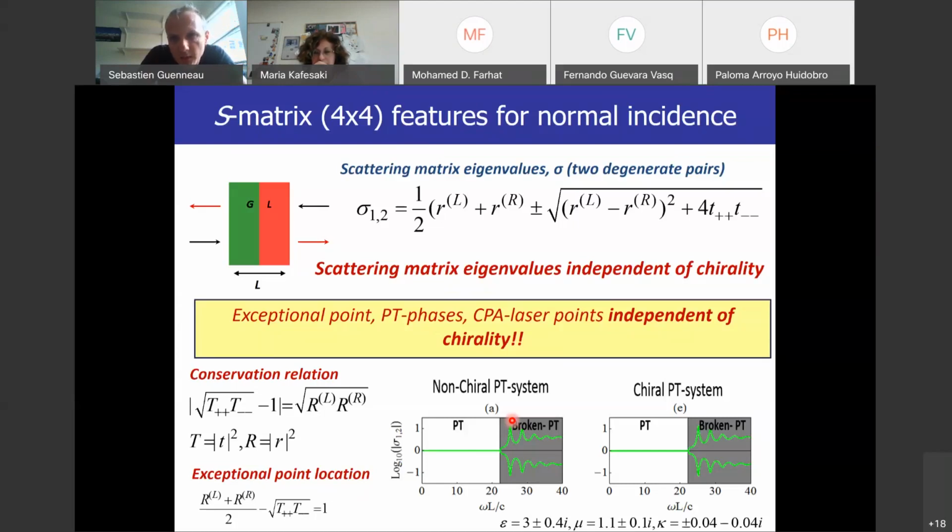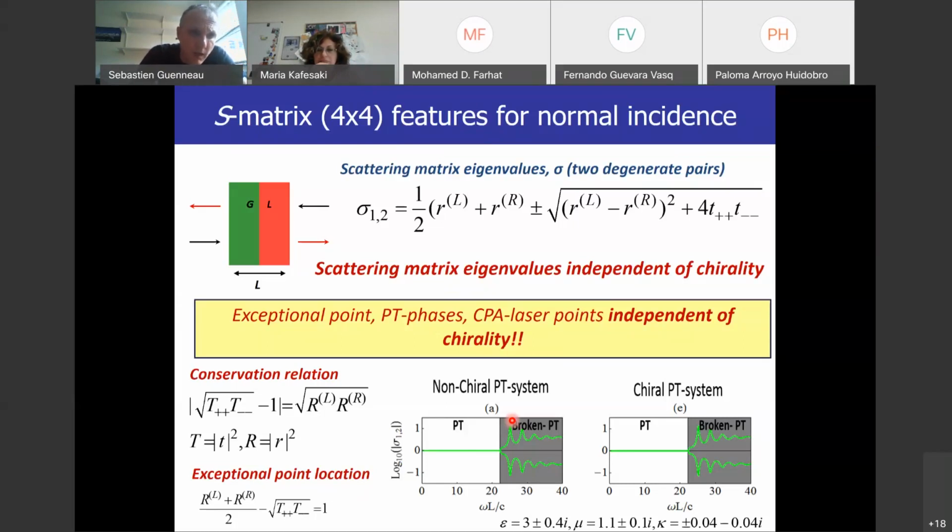Actually, regarding what you've said, Maria, even for just the case of pressure acoustic waves, there is this kind of Willis coupling, which is equivalent to bianisotropic media.